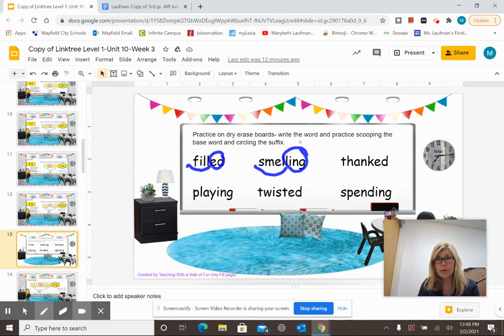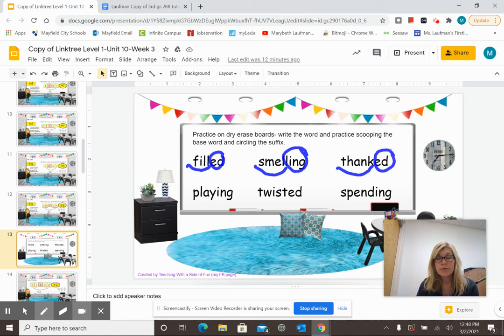All right, now we're going to write the word thanked. Listen, when I say thanked, I hear a t sound, because sometimes ed sounds like a t at the end of a word. So you're going to write thanked, scoop the base word, and circle the suffix.